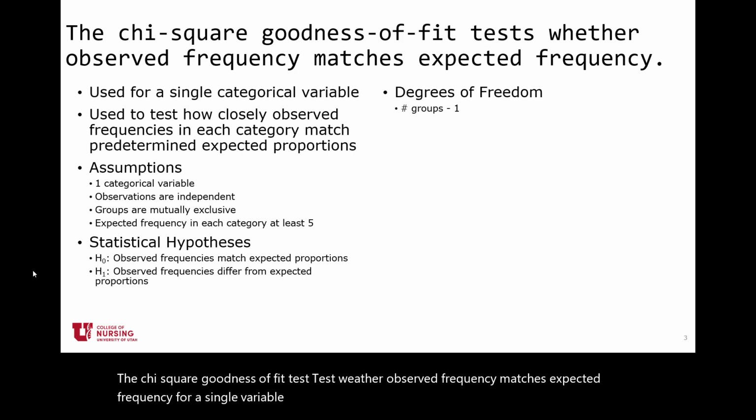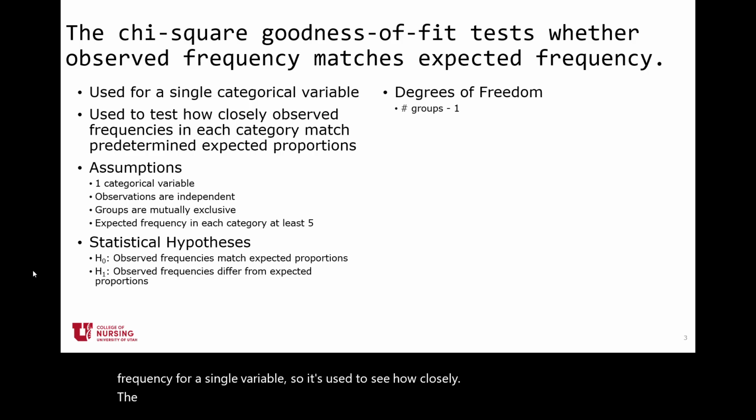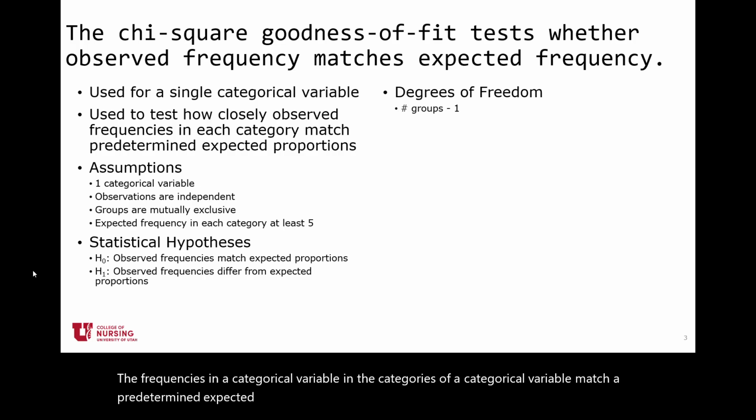So it's used to see how closely the frequencies in the categories of a categorical variable match predetermined expected proportions. The assumptions are that you have a single categorical variable, could be nominal or ordinal.